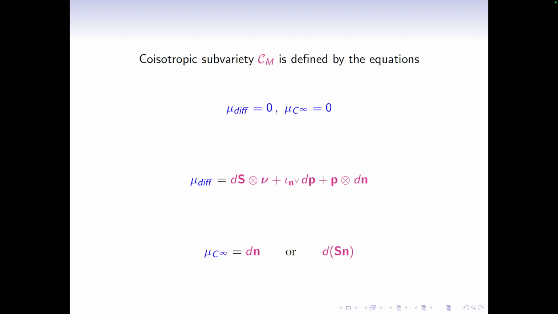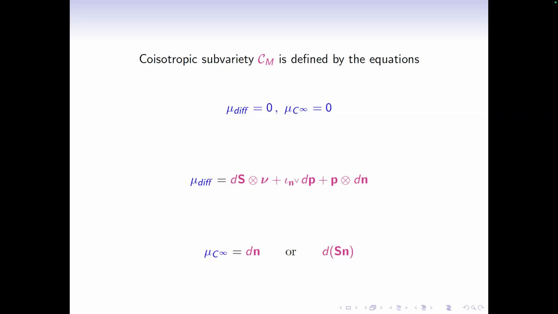You should think of them as 4 forms. In other words, if you change coordinates on your manifold, in addition to the usual Jacobian, which comes from the transformation of dx, these pi's also pick up a Jacobian, the determinant of the Jacobian matrix. So they have a slightly more sophisticated transformation.